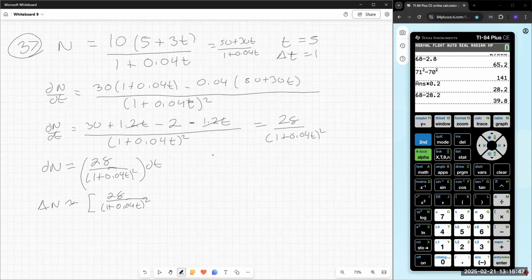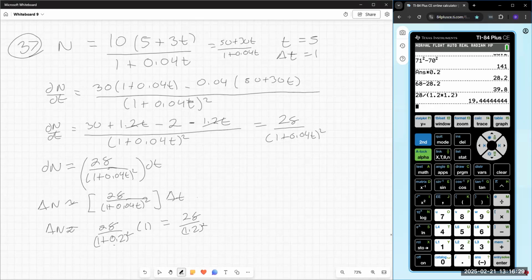times delta t, which is delta N is about 28 over 1 plus 0.2 quantity squared times 1, which is 28 over 1.2 quantity squared. 28 over 1.2 times 1.2 is about 19.44.